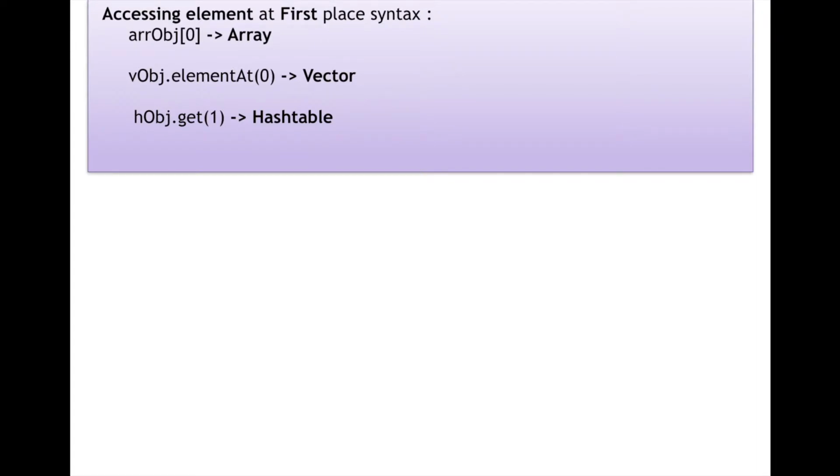And in case of hash table, we use the get method and the index of an element, no, this is not the index of an element. This takes the key. So the get function takes the parameter key to fetch the value of that particular object.